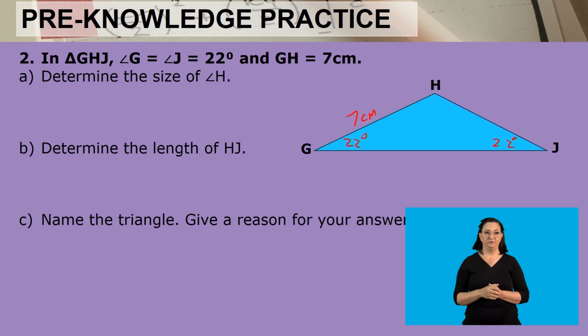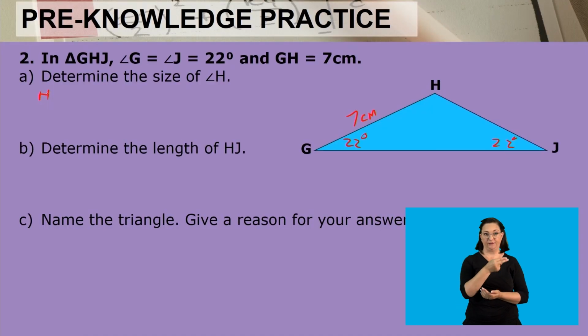We know that the sum of the angles of a triangle equals 180. So angle H plus 22 degrees plus 22 degrees equals 180, because the sum of the angles of a triangle equals 180.